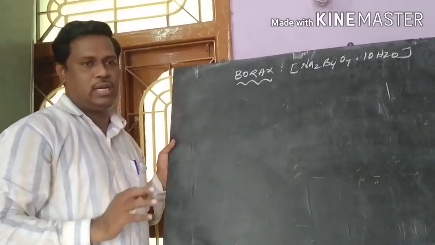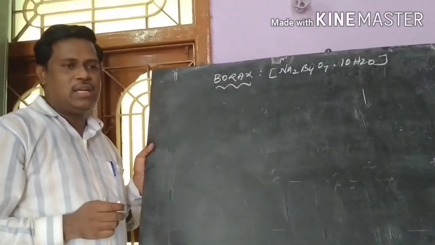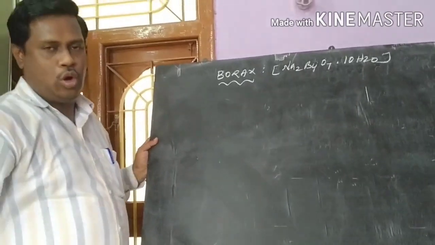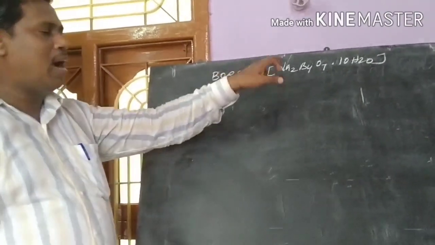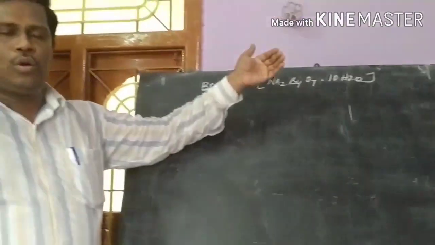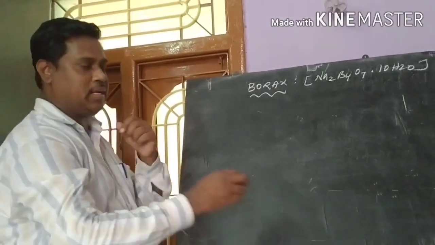Tetra means 4, tetraboric acid. It is obtained from colemanite or by boiling its solution with sodium carbonate.